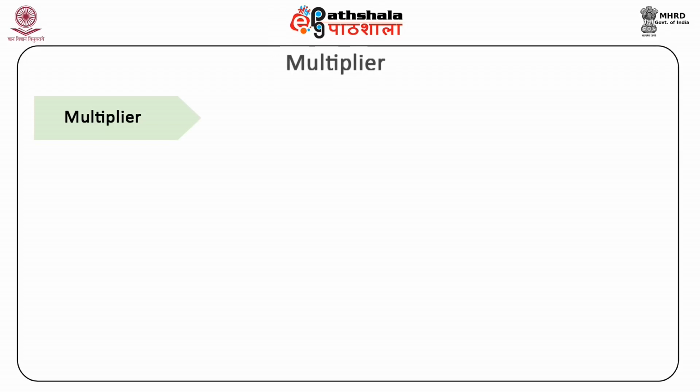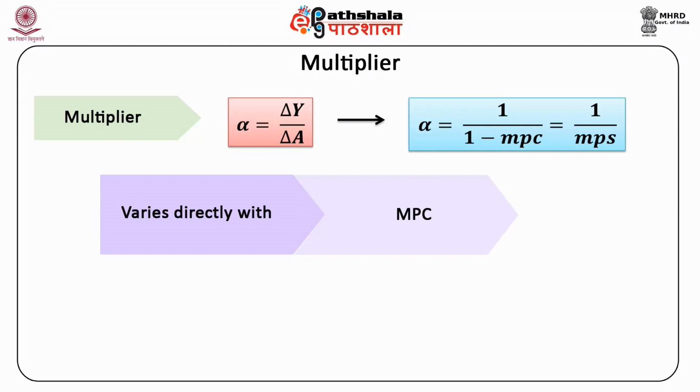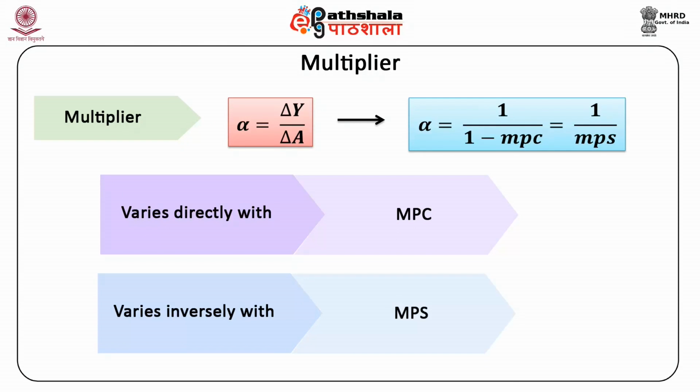Algebraically, the multiplier alpha is written as alpha is equal to delta Y by delta A. On further solving, we get delta Y by delta A equal to 1 by 1 minus MPC, or 1 by MPS. The magnitude of the multiplier depends upon the MPC or MPS. It varies directly with the MPC and inversely with MPS.